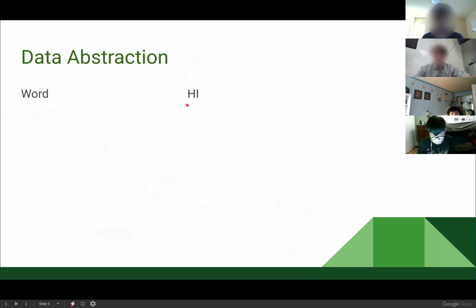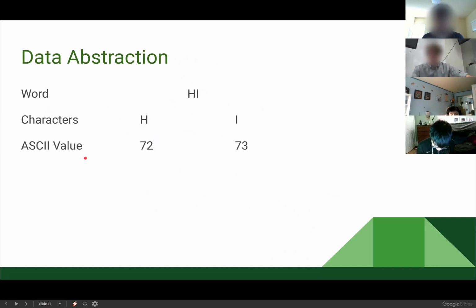If I have the word hi, I can break that down into individual characters, H and I. Each of those characters has an ASCII value, which we've learned about in the past. We learned all of the characters that we can think of have some number associated with them. We can convert those numbers into binary so that the computer can read them.